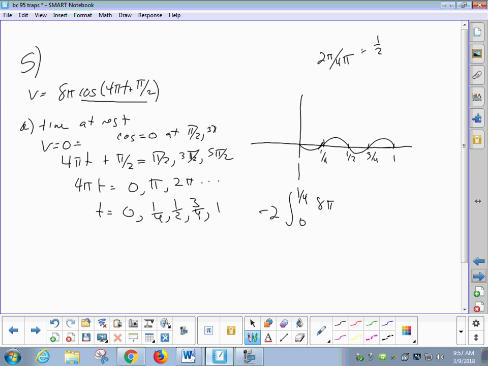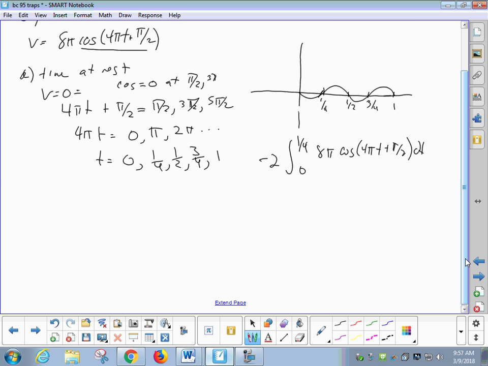8 pi cosine of 4 pi t plus pi over 2. Let's talk about how we could integrate this using u-substitution. I would do negative 16 pi, 0 to 1/4. What would your u be? 4 pi t plus pi over 2. What would du then be? 4 pi dt.